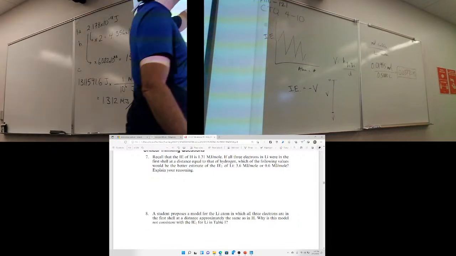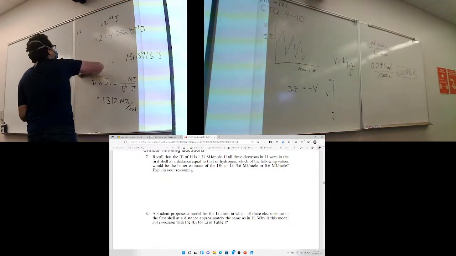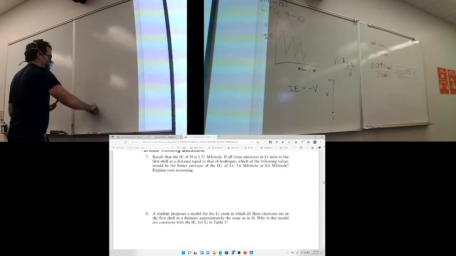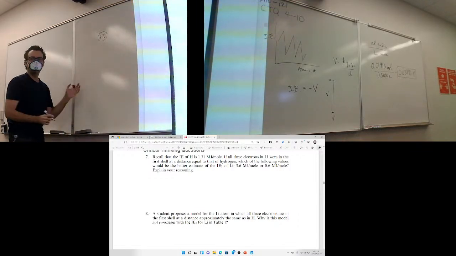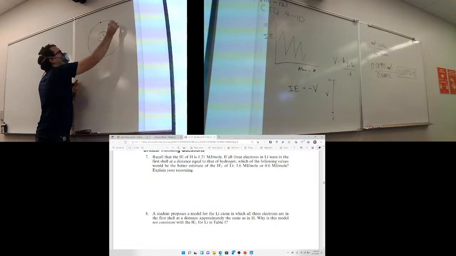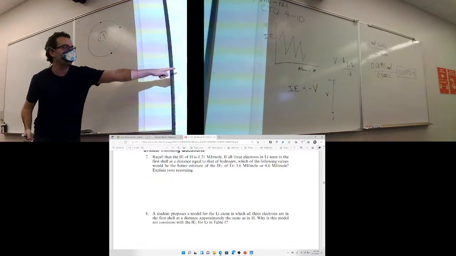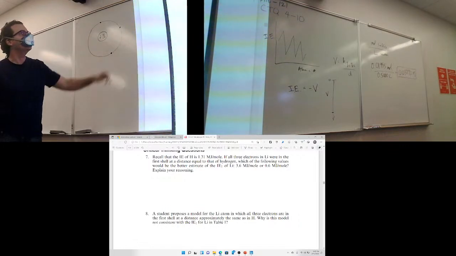If all 3 electrons in lithium were in the first shell, similar to the way hydrogen and helium are, so what they're saying is if lithium looked like this, with a +3 at the nucleus and only 1 shell of electrons, and all 3 electrons for lithium were in that first shell. This is the diagram we would need for 7 and 8.